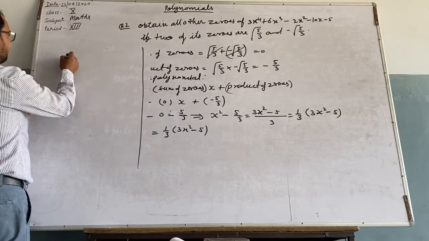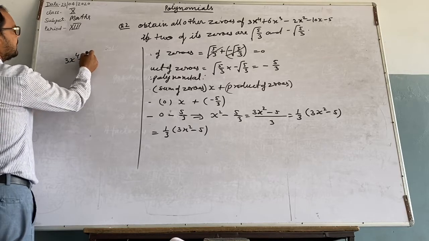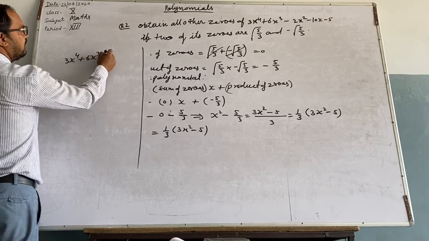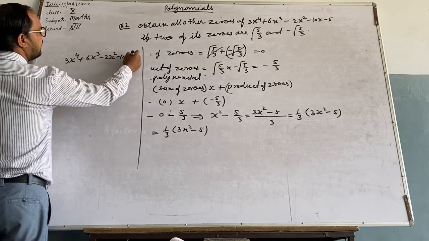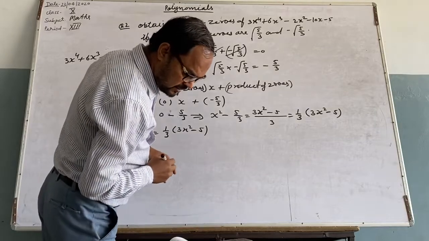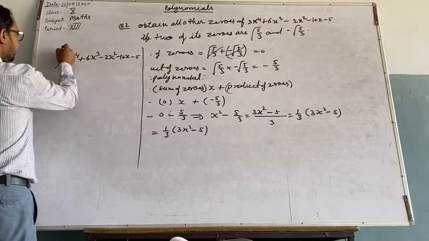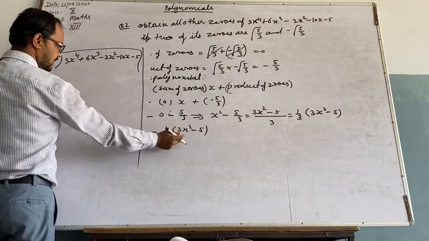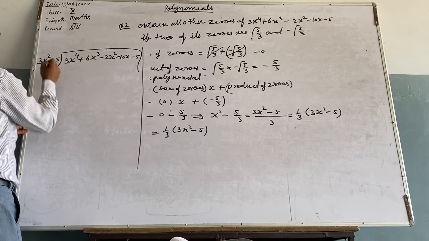This is 3x power 4 plus 6x cube minus 2x square minus 10x minus 5, divided by the factor 3x square minus 5.